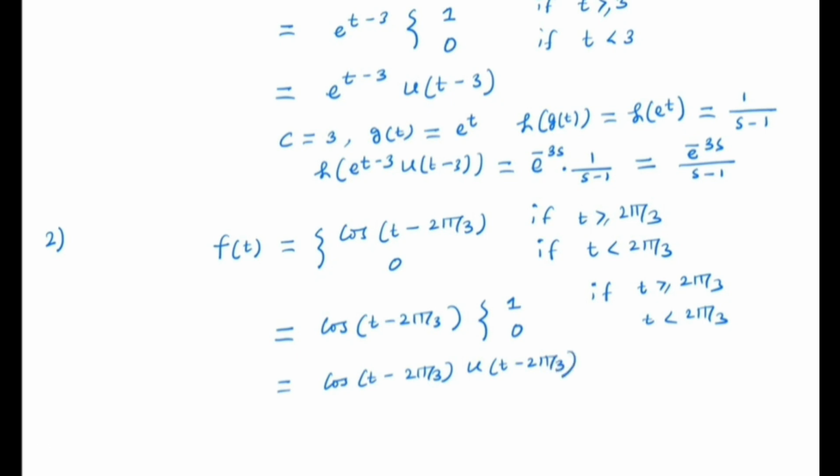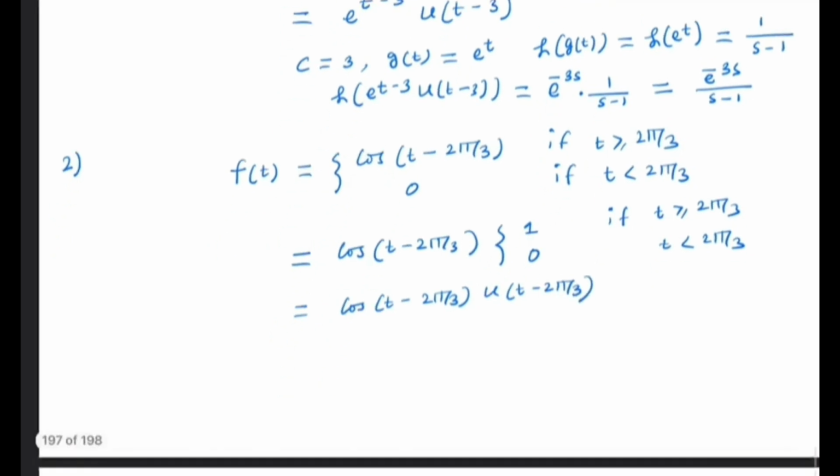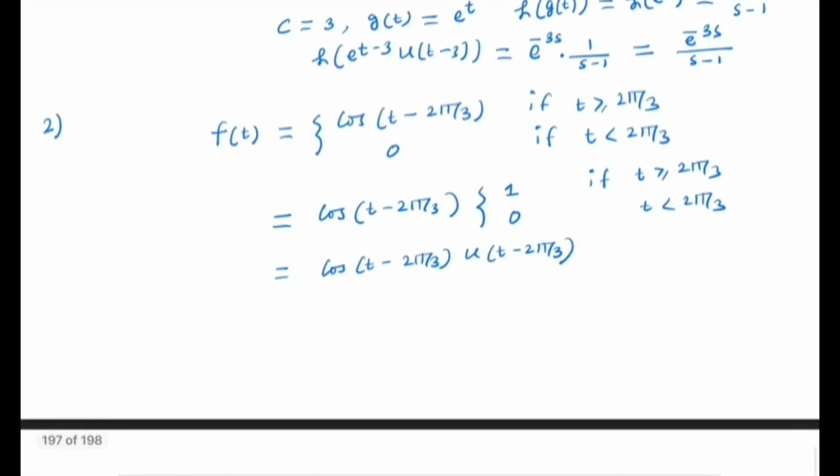Here also we use the first form of the second shifting theorem. So here we have c equal to 2 pi by 3 and g of t is equal to cos t. Now we know the Laplace transformation of g of t is s by s square plus 1.